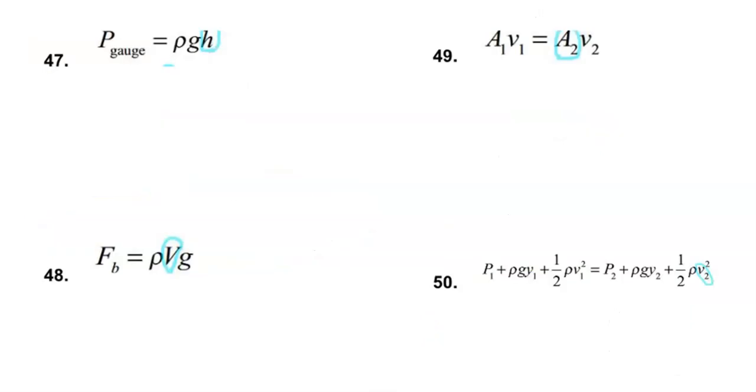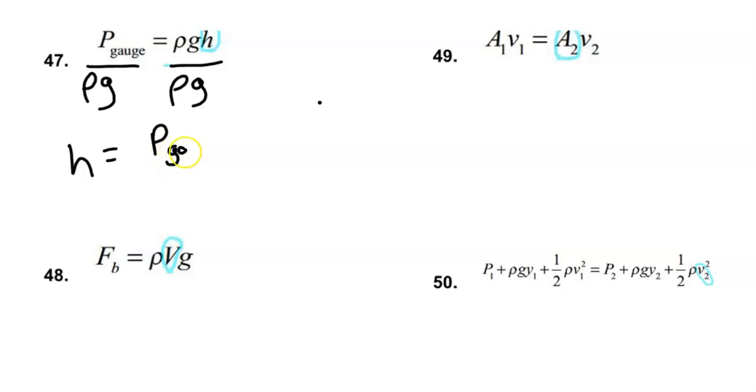Lovely. Solving for h here, easy: divide by rho g. h equals P gauge divided by rho g.